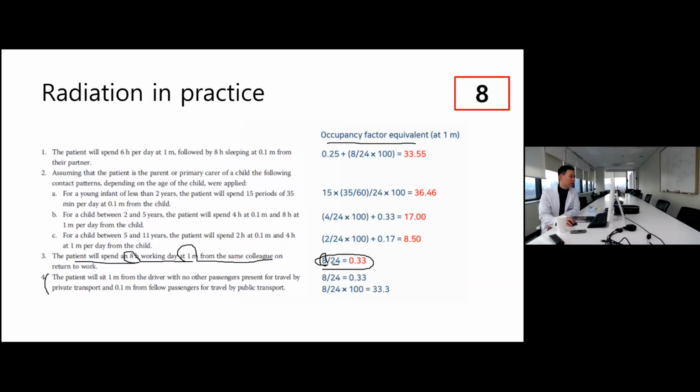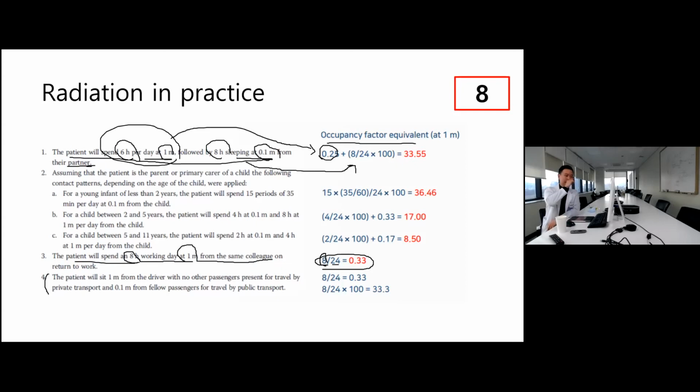However, in the other case, it is more complex. Suppose the patient spends 6 hours at 1 meter and 8 hours sleeping at 0.1 meter distance from the partner. Then this part will have an occupancy factor of 0.25, while this part will have an occupancy factor of more than 30.